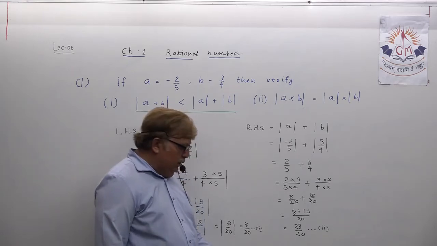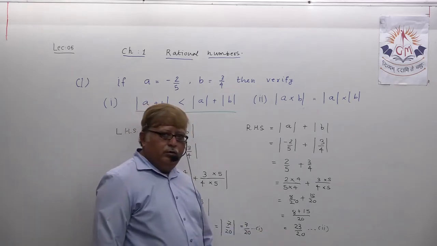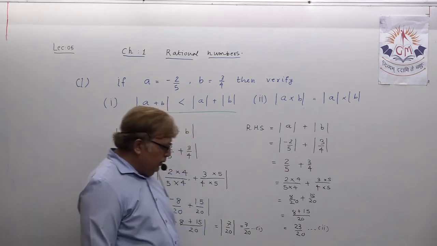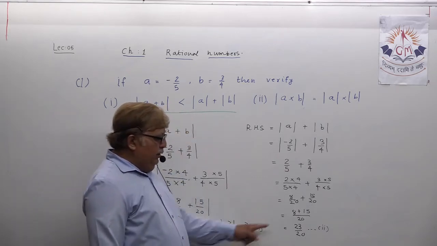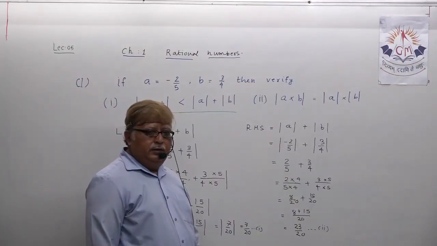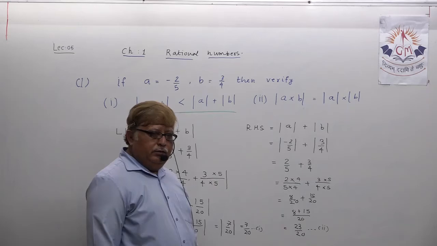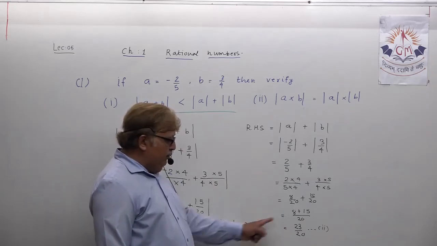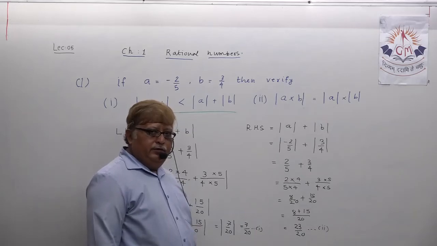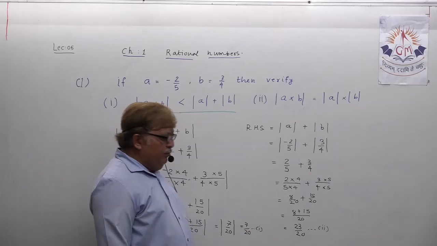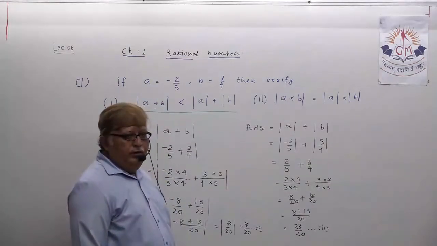How can we guess? Because they both have a common denominator already, 20. So when they have a common denominator, you just have to think about their numerators. Here 7, here 23. So obviously 7 upon 20 is less than 23 upon 20.